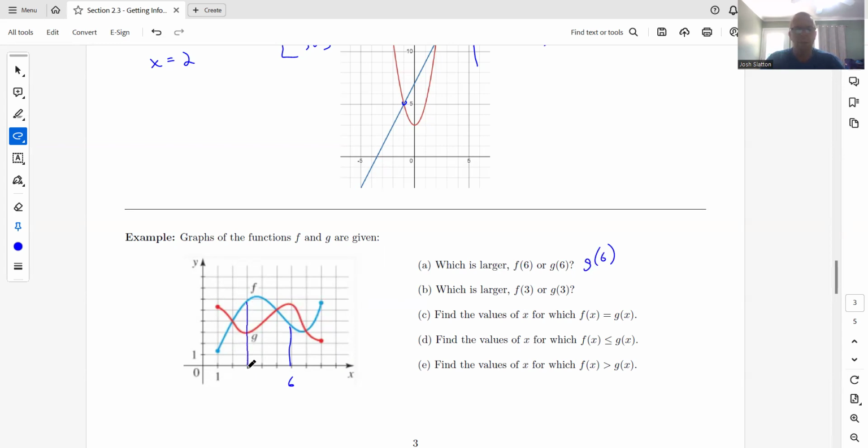That would be right there. So here it looks like f of 3 is larger. So all we're doing is seeing which graph is higher than the other graph at that particular point. For which values of x is f of x equal to g of x? So we have right here, we have right here, and we have right here. And of course they tell you we're looking for x. So we have 2, we have 5, and we have 7.